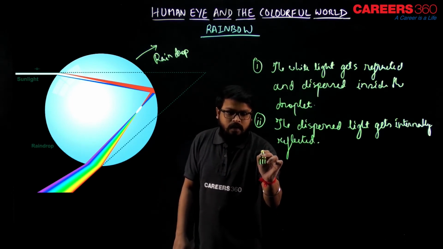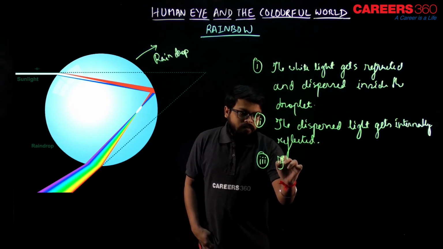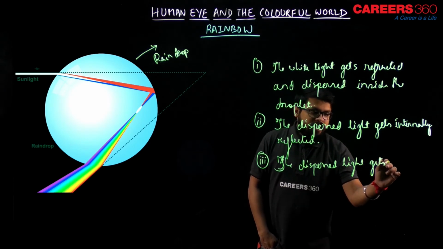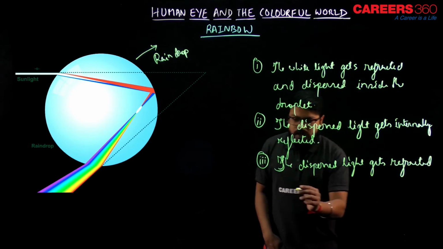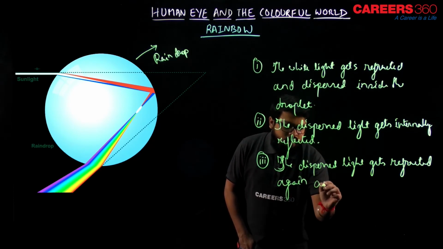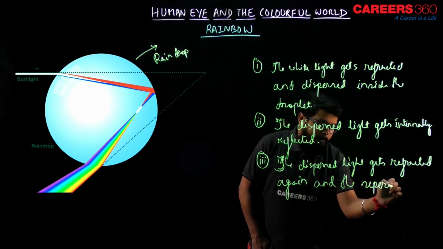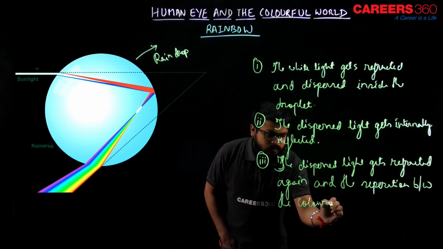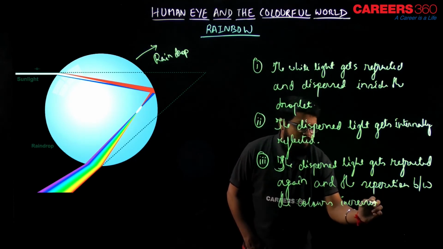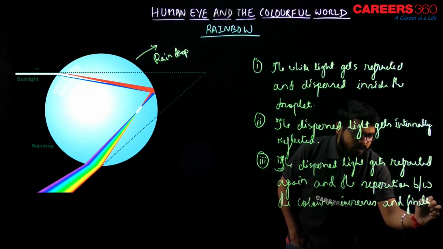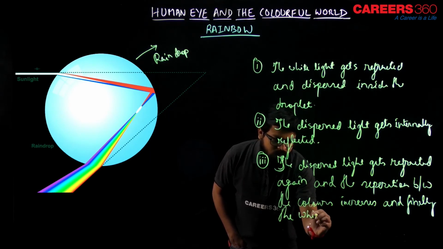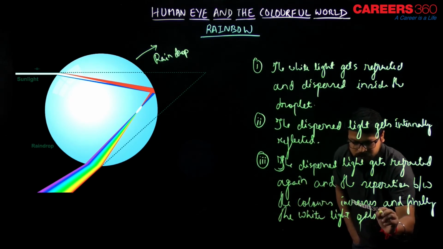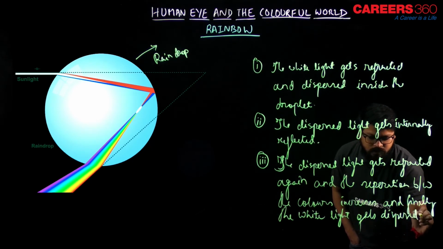So the third step is the dispersed light gets refracted again, and the separation between the colors increases, and finally the white light gets dispersed. I hope that is clear to you.